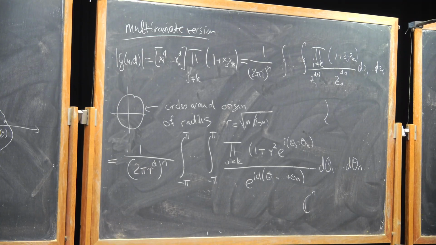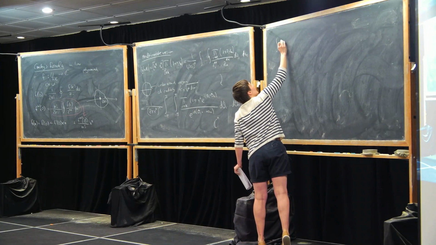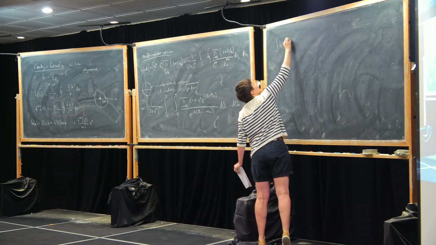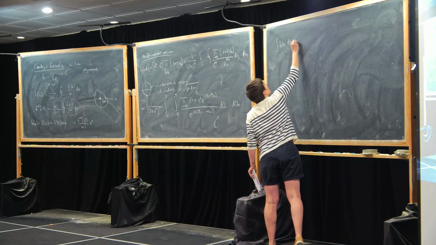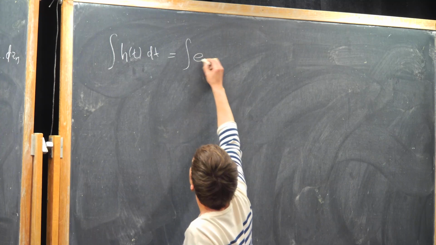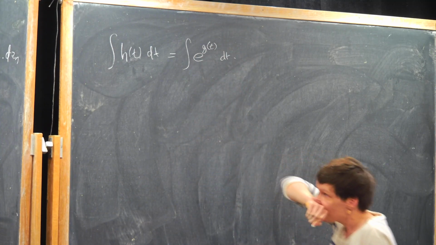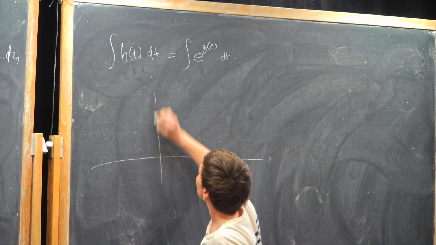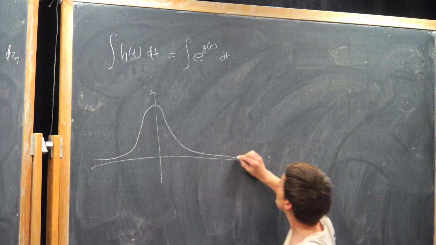So suppose you want to estimate some integral of some function f, or different f, so let's say h of t dt. And that h of t is of the form e to some other function g of t. Okay, then what this may or may not look like is something like, let's just say it's like a normal distribution.